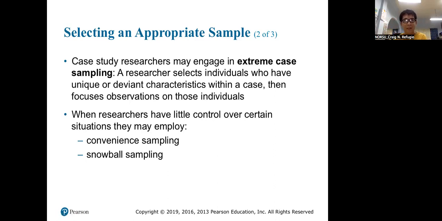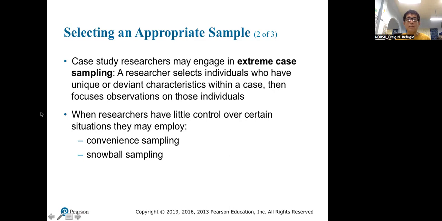Look into those deviant characteristics beyond the normal. And if that would be the case, we look into extreme case sampling. We look into extremely high or extremely low as part of that deviant characteristics. We look into things that are very uncommon, not part of the normal setting.